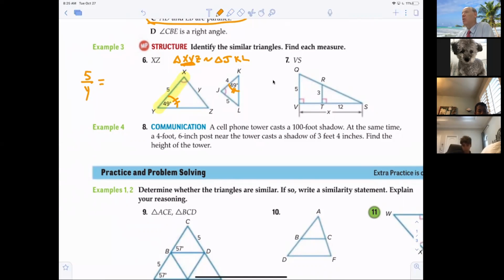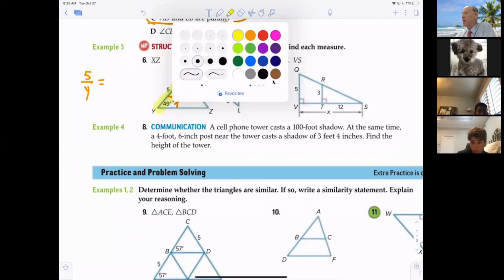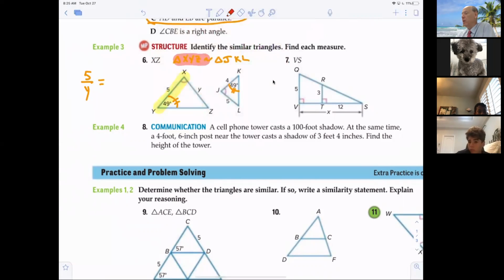To me, you can be deceived using the shape, using the figures. I'm trying to say use the similarity statement, which is talking about this up here. I want everybody looking at that. I don't want you looking here. I want you looking at the statement. So I said XY.